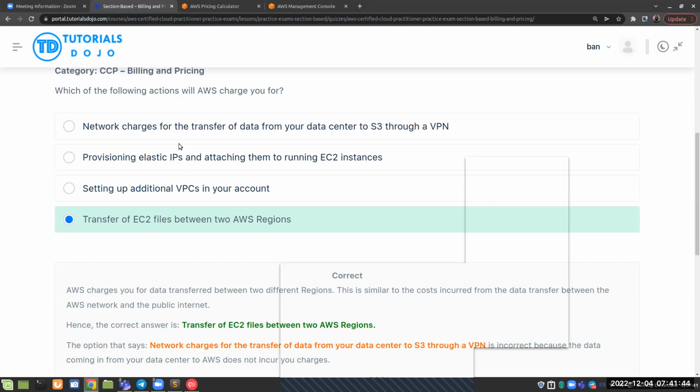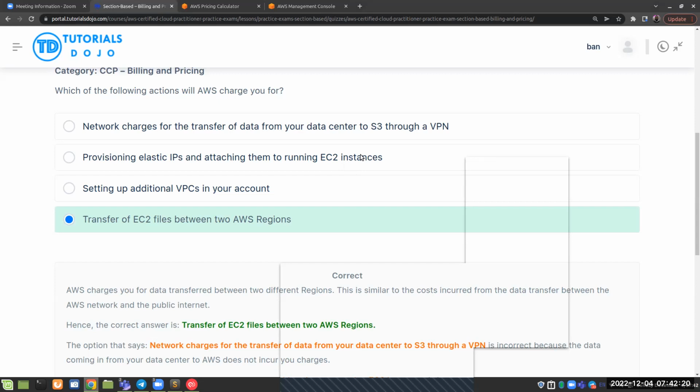What I was explaining is if you provision an elastic IP and attach it to an EC2 instance, you will not be charged. But if you provision an elastic IP and don't attach it, you will be charged, because an elastic IP is a dedicated IP address. What you are saying about an EC2 instance is a completely different question. If you stop it, you will not be charged for the compute, because you are not using it.